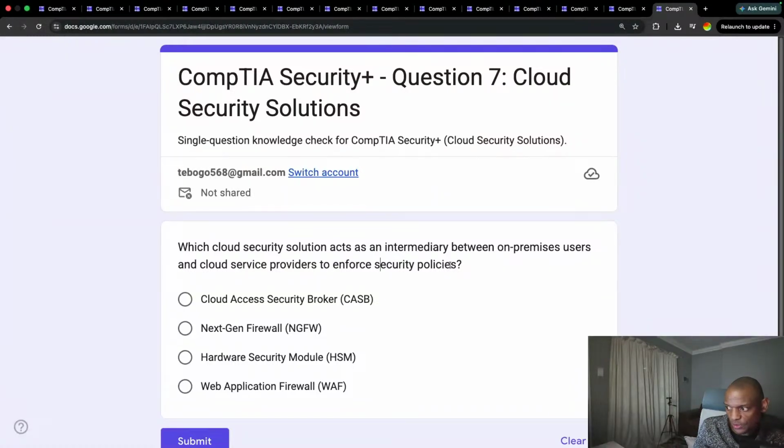So they're asking you here, who's the middleman between a cloud service provider and a cloud user? Who's the middleman that enforces the security policies? That's what they're asking you on this question here.